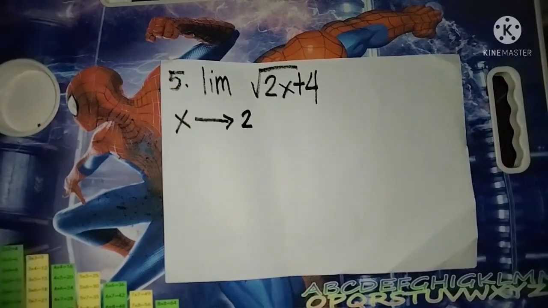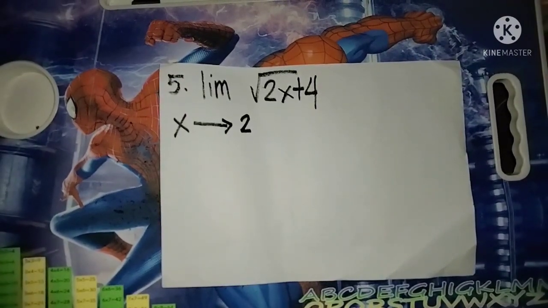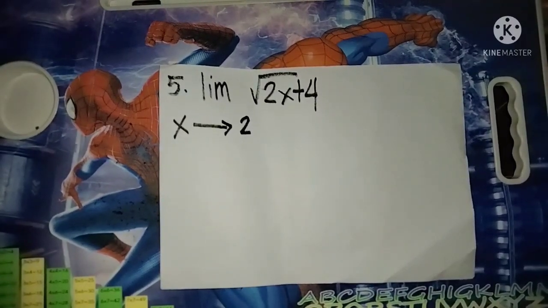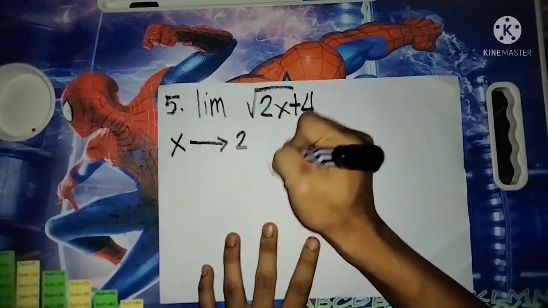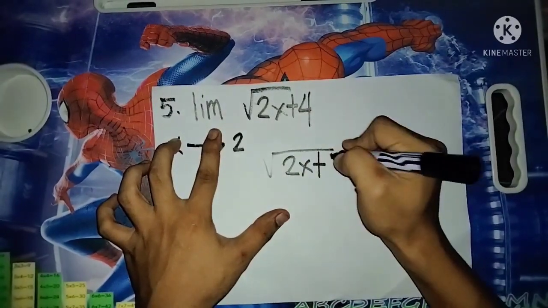So let's move on to example number 5. We have the limit of the square root of 2x plus 4 as x approaches 2. Given this radical expression, we have the square root of 2x plus 4.